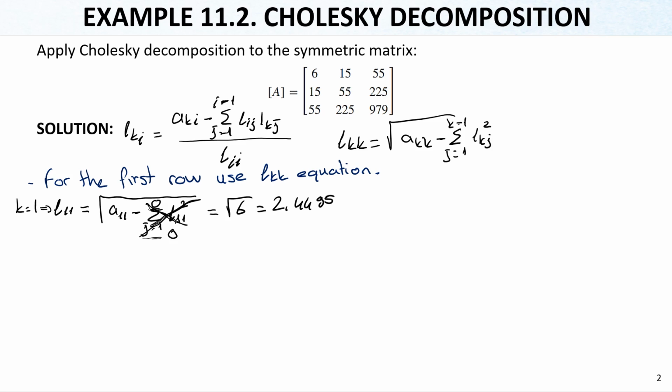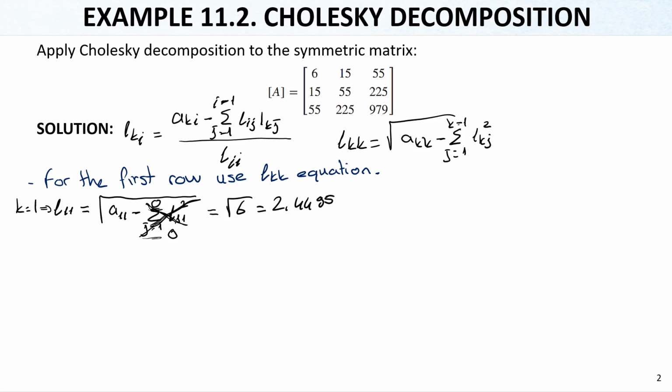Basically, we will have just this lower, and we will have only one term here. But if it was larger than 3 by 3, then we will use the Lki term as well over here to be able to solve the other terms as well. But for this one, we don't need to use that. We only use the Lkk equation.